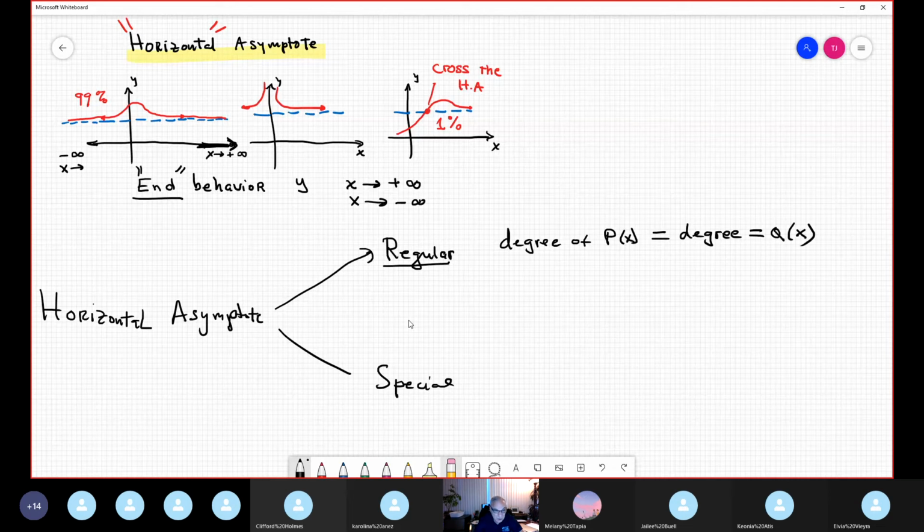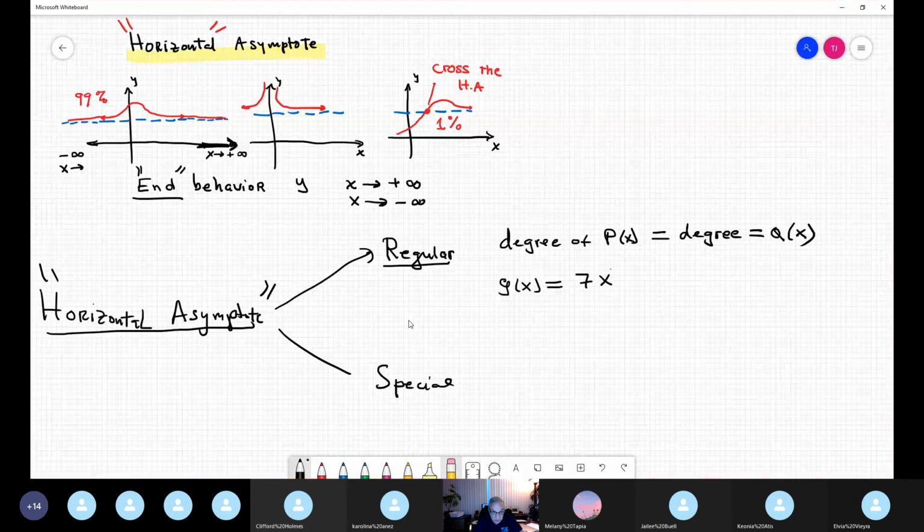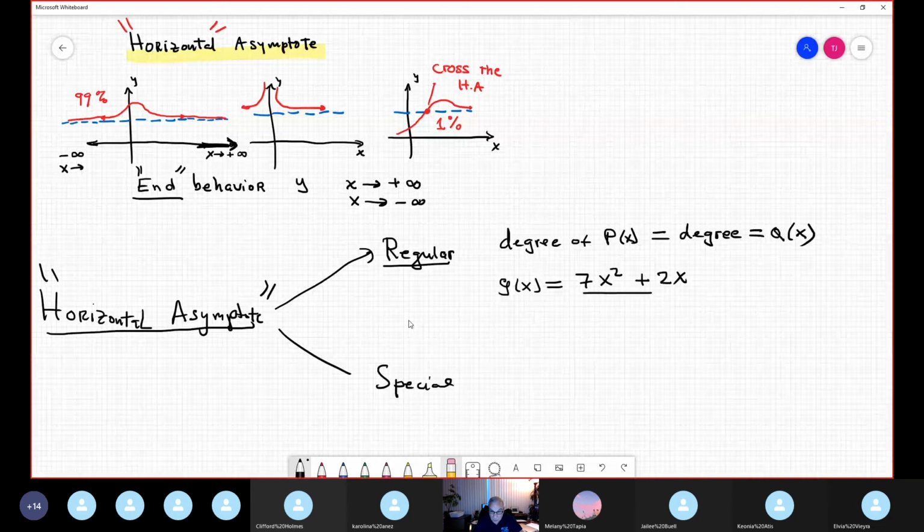So to determine horizontal asymptote, we need to analyze degree. Suppose, an example to understand. Suppose a function like that, g of x is equal to 7x squared plus 2x over 4x squared minus 3.